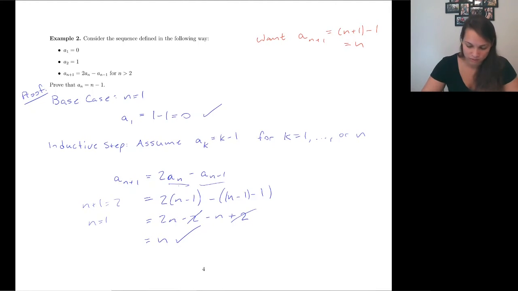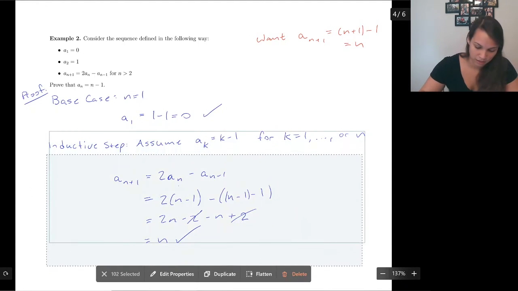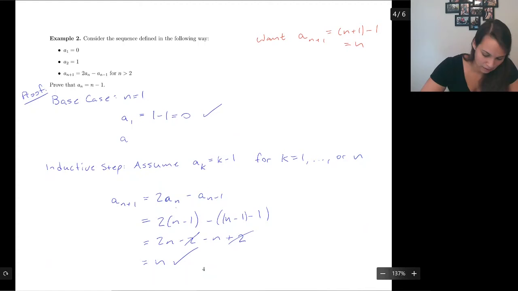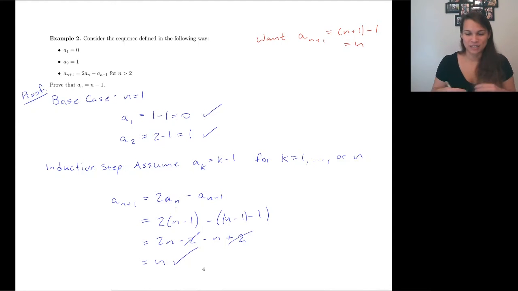I don't have 2 previous terms at that point. So what you have to end up doing in this case is prove a second base step, or base case. So then a2 is equal to, we plug in 2 right here, 2 minus 1, which is 1. So it's not hard to do. You just need to know that you need to do it.